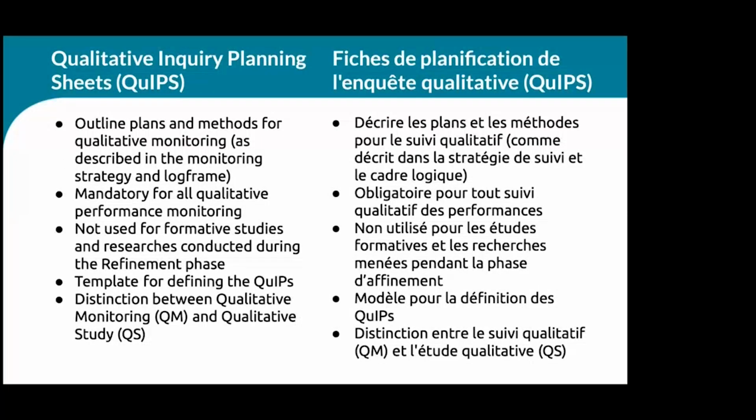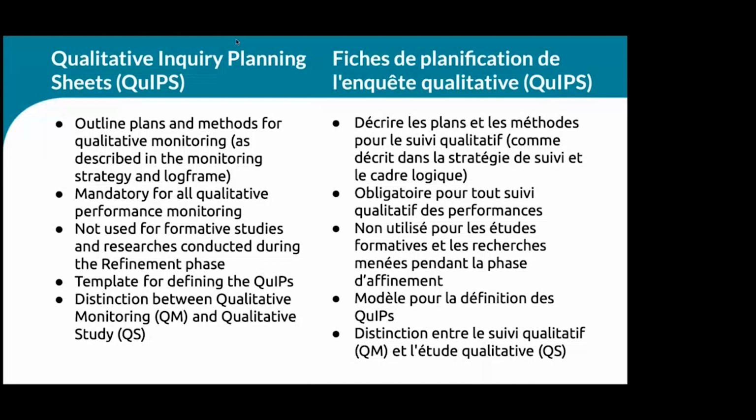So now we'll talk a little bit about the QUIPs, and it basically outlines the plans and methods for qualitative monitoring, as you'll be describing in the monitoring strategy and log frames. Great. So as I mentioned before, the QUIPs are basically the PIRs for the qualitative indicators.